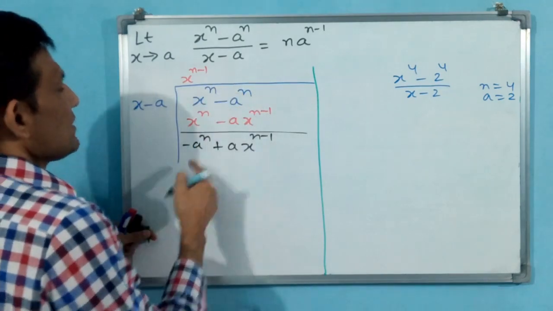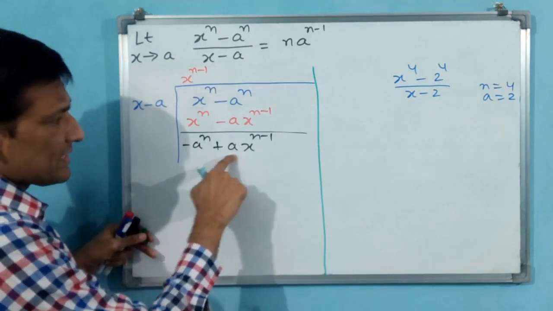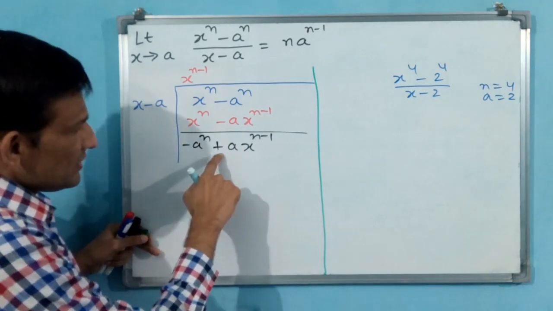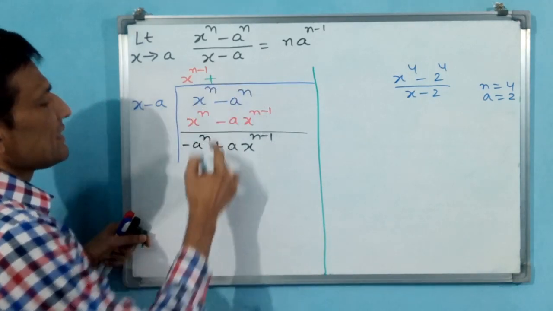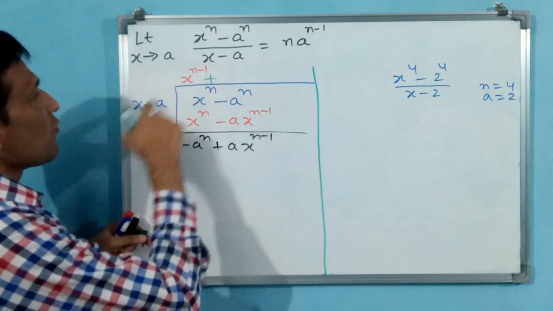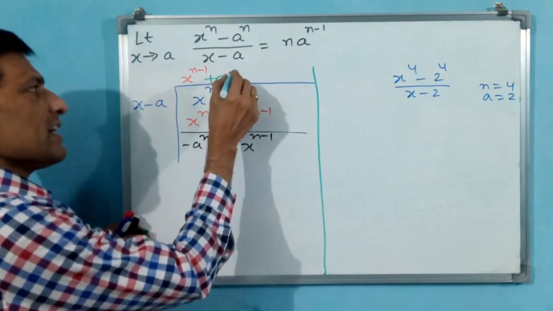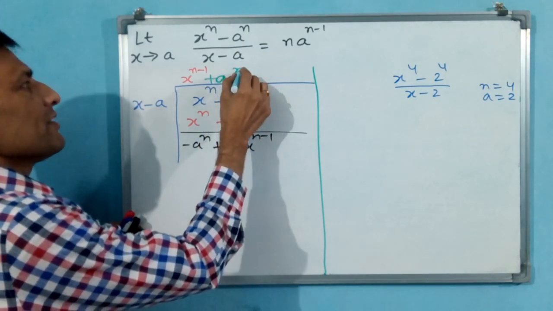Here plus is there, so you take a plus. But here a is extra, and if you multiply only with x, then a will not come. That is why you have to multiply with a x power n minus 2.